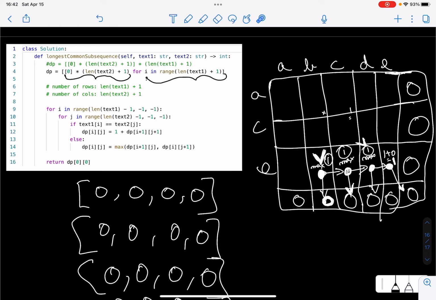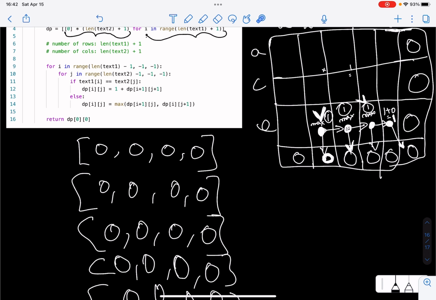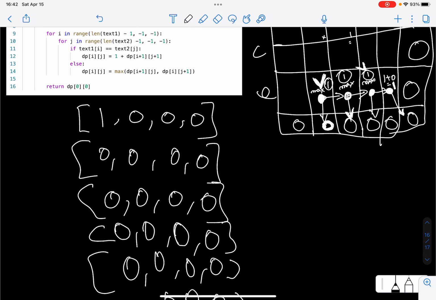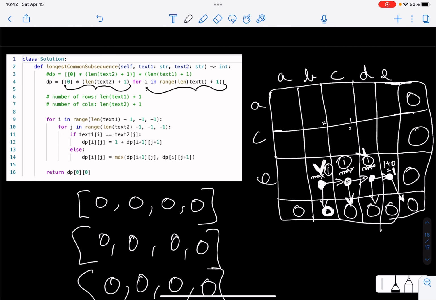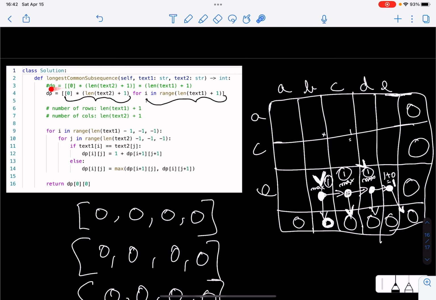But this wouldn't work because Python essentially copies the address. So if you make any change over here at 0, 0, that change would be propagated to all the columns, all the rows. So to avoid that, this is the correct syntax to use. You can give it a read, and it's easy to get around that.